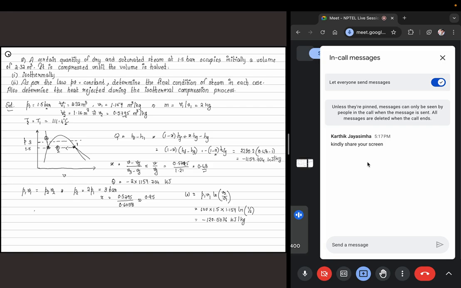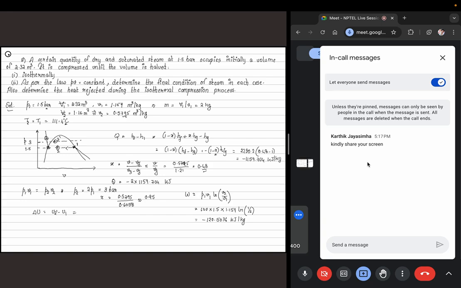Now we need to calculate delta U. U1 is the saturated value at this particular point, and for U2, at this particular stage we are at 3 bar pressure and somewhere inside the dome here. So I'm just calling it 2 prime or something.